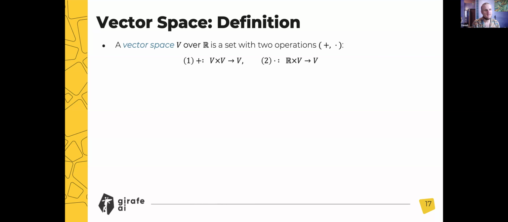Technically, you take an ordered pair of numbers as your input and get the result as an output, though if the addition is commutative, it doesn't really matter whether your pair is ordered or not. The second operation is called scalar multiplication. Why? Because it takes a scalar and a vector and returns a scaled vector, right? So it is an ordered pair of elements.